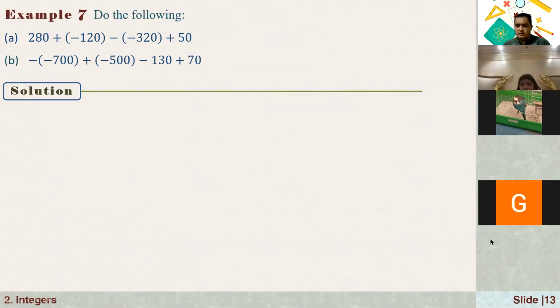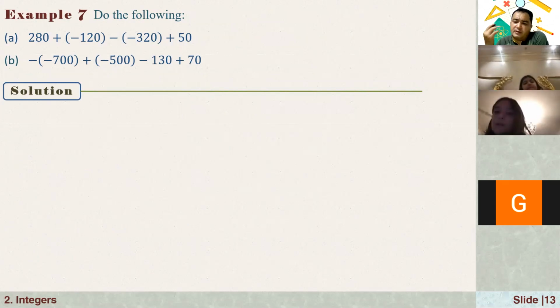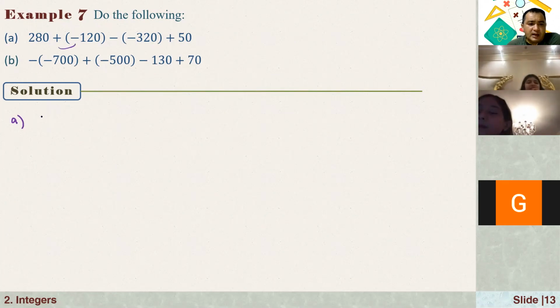Okay, good. So now to add, to subtract these numbers, in the first step, if we have parentheses or brackets, we have to clear the brackets, right? And after that, simplify it. In question A, 280. Now, as you see here, we have plus, minus. What is plus, minus? It is minus, right? So here we have 280 minus 120. Now here we have minus, minus. What is minus times minus? It is plus.